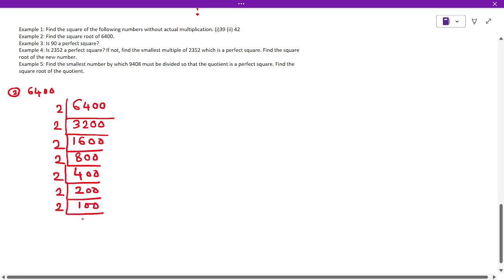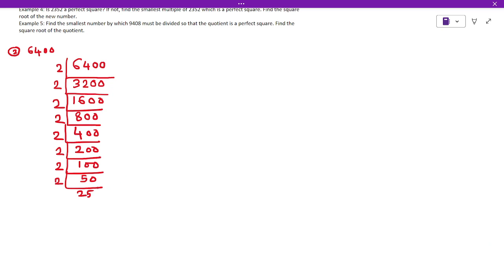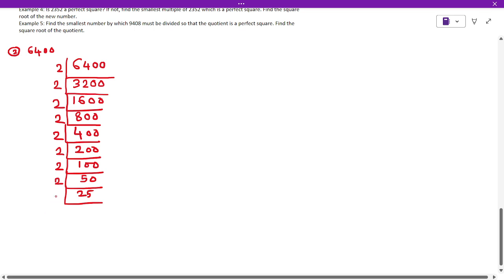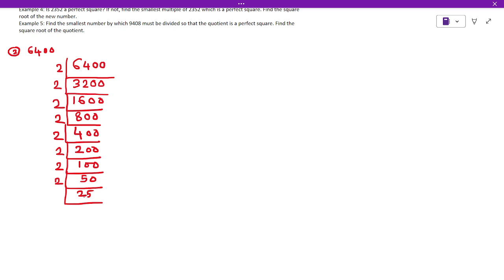Clear? So 2 5s are 10, 2 25s are... Now this 25 will not come in the 2 table, right? So the next prime number you need to identify is 3. In the 3 table, will 25 come? No. Right. So the next prime number is 5.